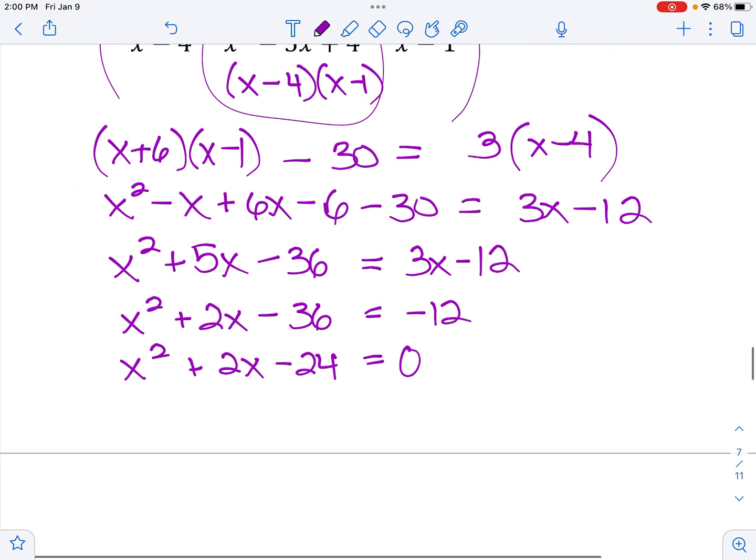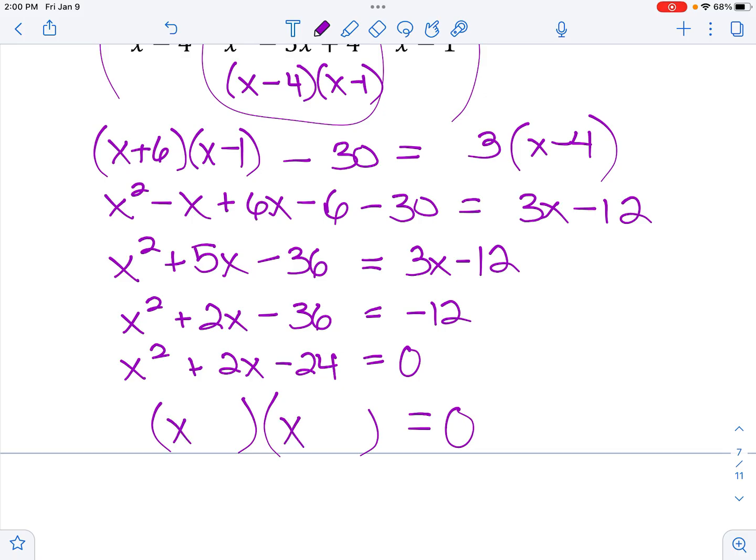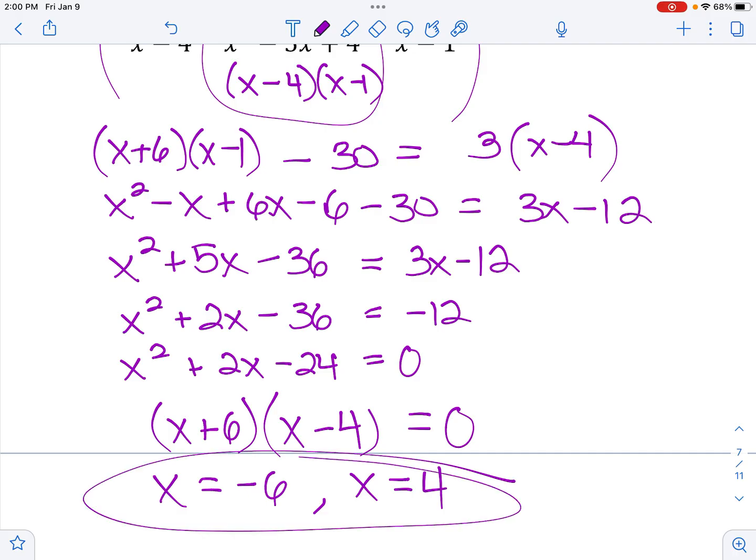Okay, so now I need to factor that. Probably the easiest way to solve is to factor and set equal to 0. So this would be positive 6 and negative 4. So then what does x equal? It would be negative 6 and 4. Those are my two answers.